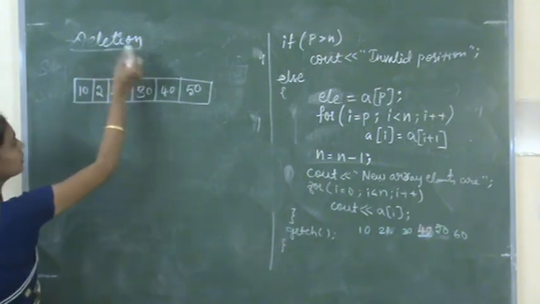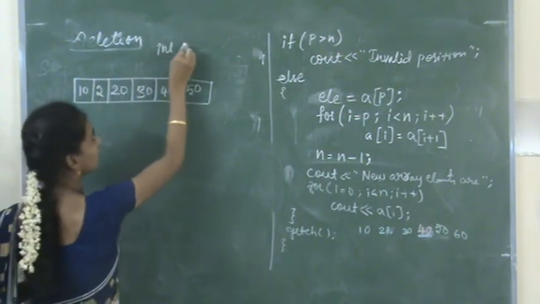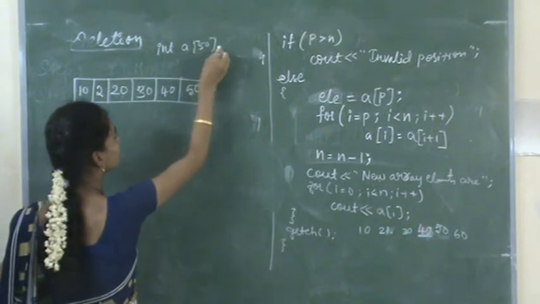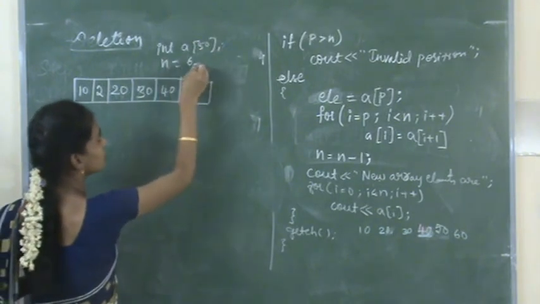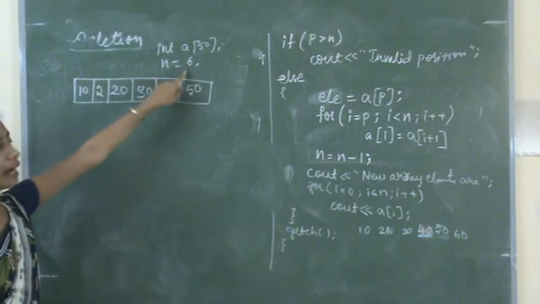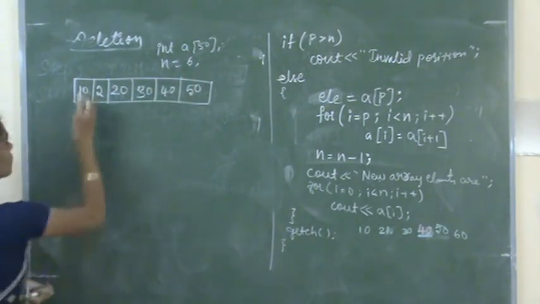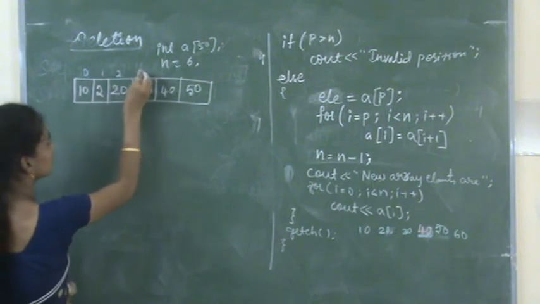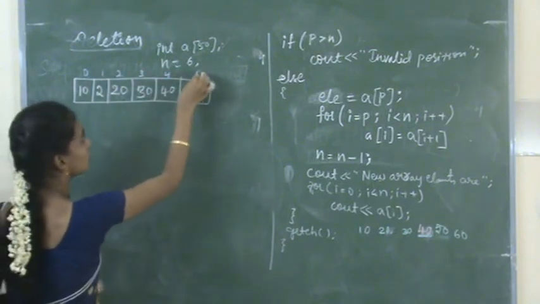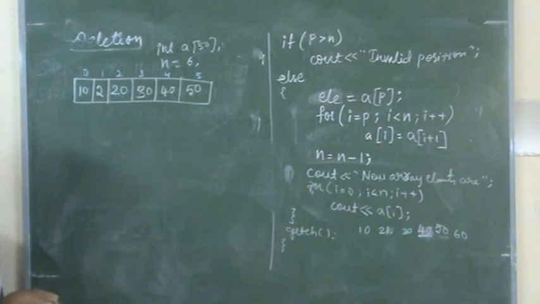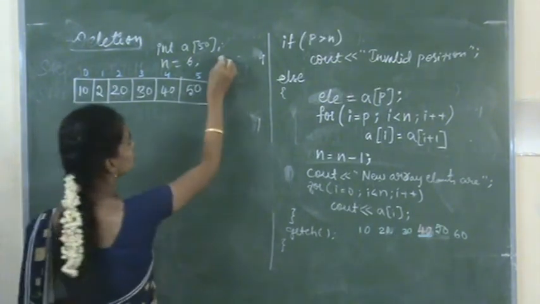Suppose consider int A of 50, n is equal to 6. Okay, so I inserted 6 values into an array. So I need to delete an element at the position 2.